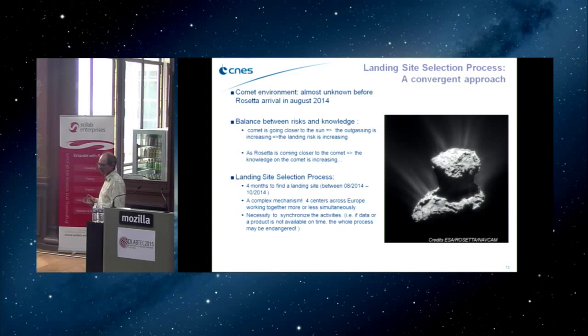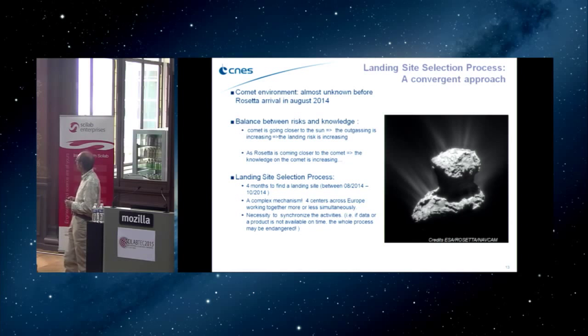In order to better characterize the comet, you have to get closer to the comet. But getting closer to the comet is taking risk, because you are flying in an environment which is not well known. So, the landing site selection is a balance between approaching the comet and learning more about the comet.